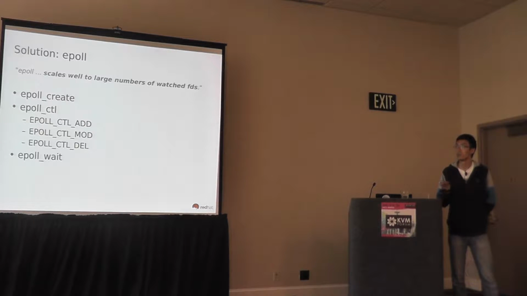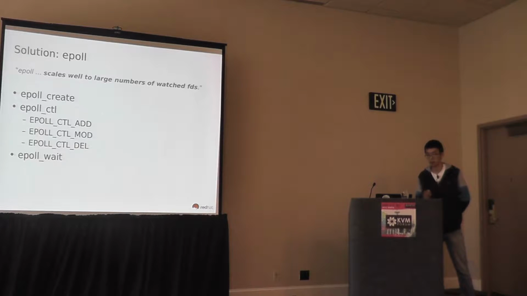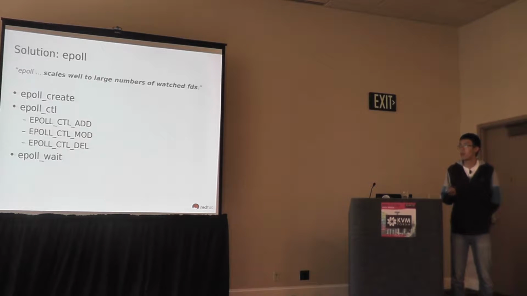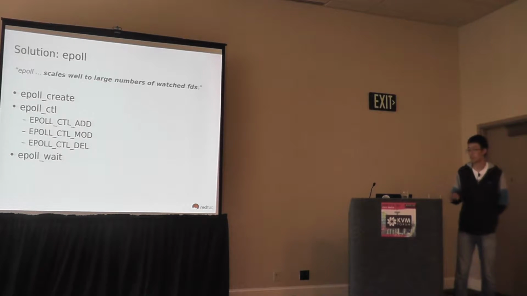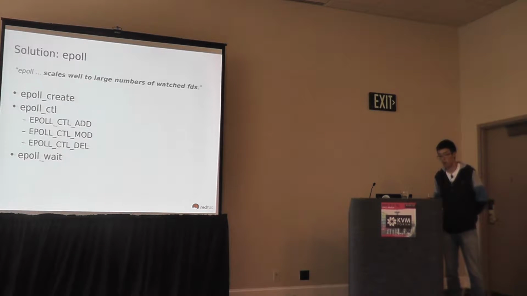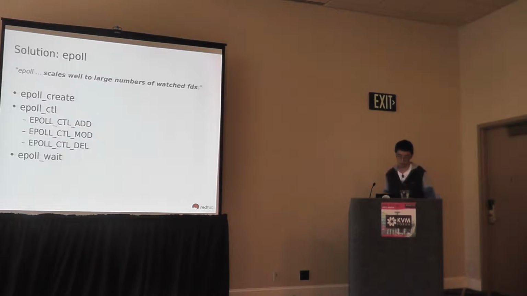And then you use epoll_ctl to add, modify or delete file descriptors you want to watch in this epoll FD. And when you are ready, you call the epoll_wait function, which is basically the replacement for ppoll. And this function will wait for the new event to arrive for you, just as ppoll does.